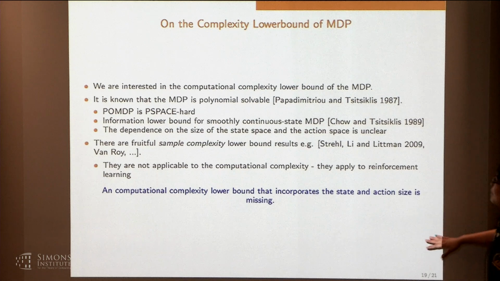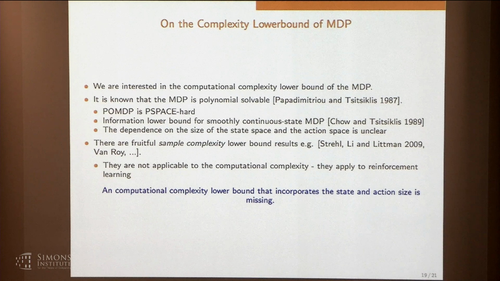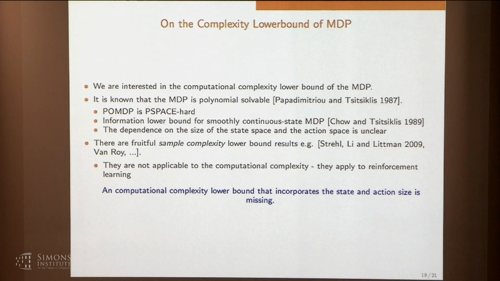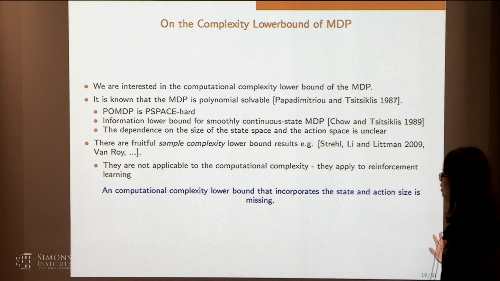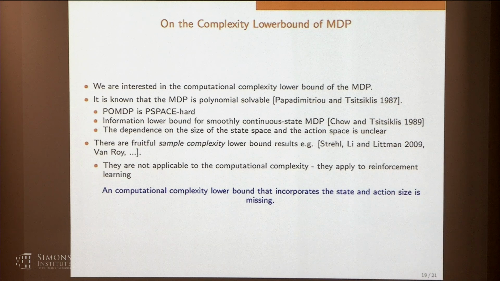The closest would be that POMDP is PSPACE-hard, but that's not a useful lower bound in my situation. Also, Chow and Tsitsiklis have some information lower bound for smooth Hamilton-Jacobi equations. But in general, there's no computational complexity lower bound that tells me how many arithmetic operations I need to solve a given size problem. I do note that there are many sample complexity lower bounds in the literature of reinforcement learning, but you all know that sample complexity is different from computation complexity.